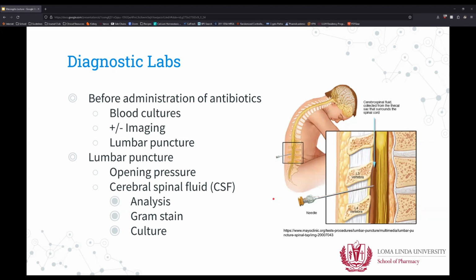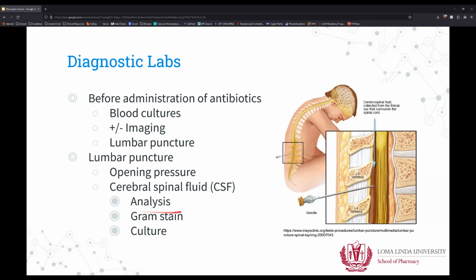As soon as they enter, they're going to measure the opening pressure that is released upon penetration of the central nervous system and penetrating the meninges. So that opening pressure is noted. And then once we have that CSF, we're going to use this for various things.